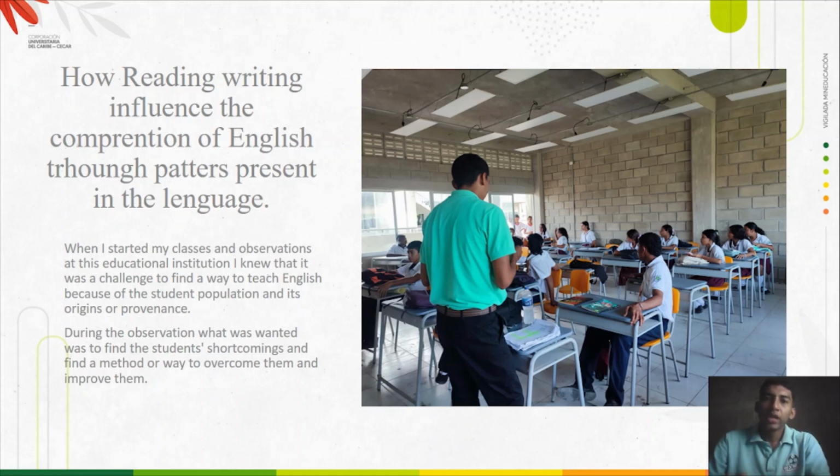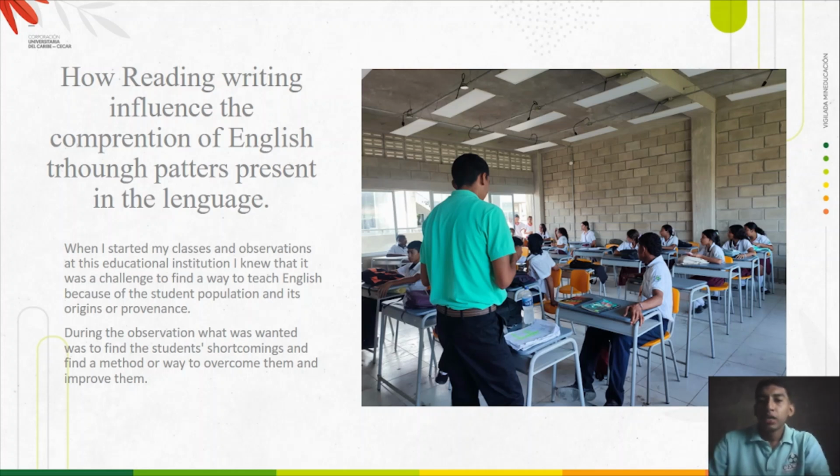When I started my observation in the educational institution of Guaranda, I knew that implementing a project here was a challenge because the students do not have a good level of English, even if they are in a high level.